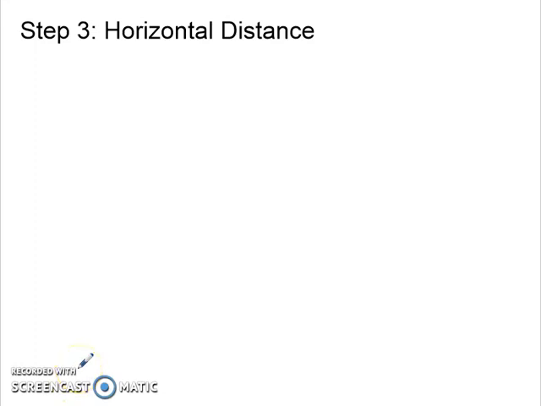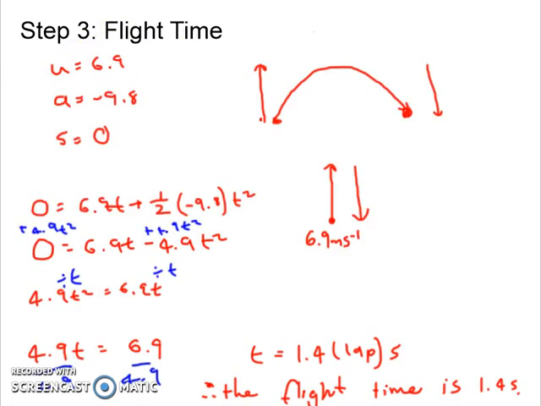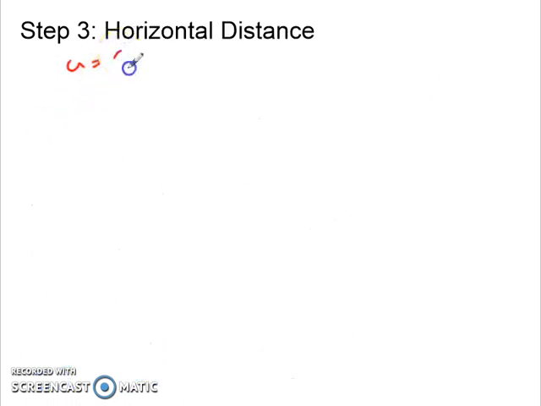Step 3, horizontal distance. We're going to look at some of the things we know. When we're talking about the horizontal components, for this example anyway, the initial velocity is the same: 6.9 meters per second to the -1.